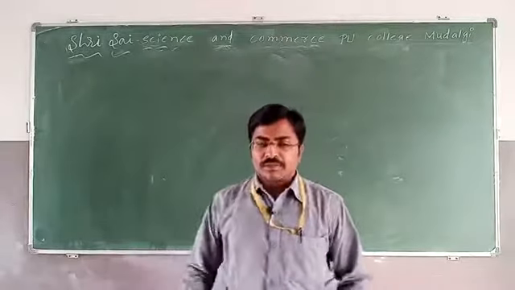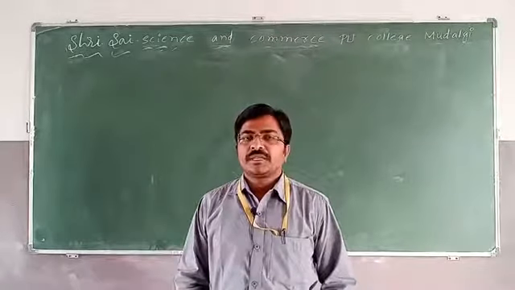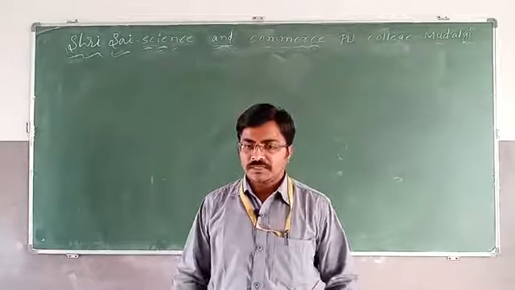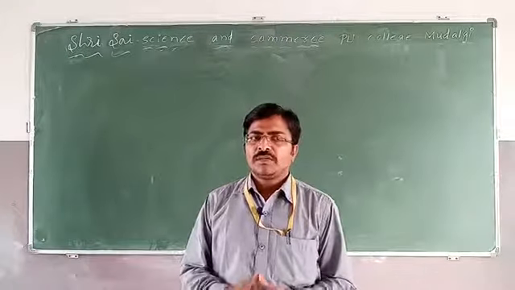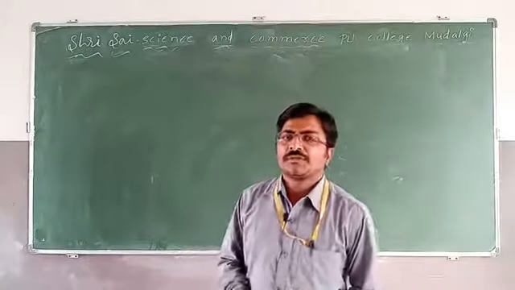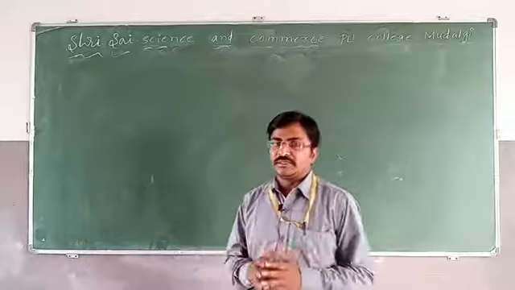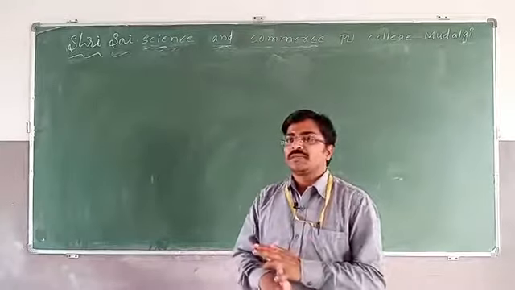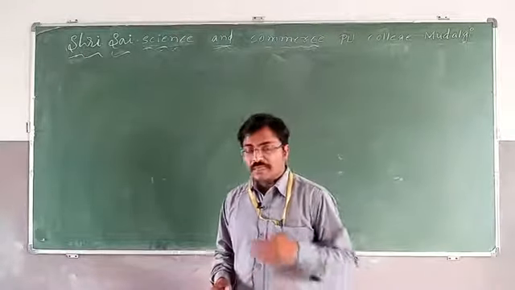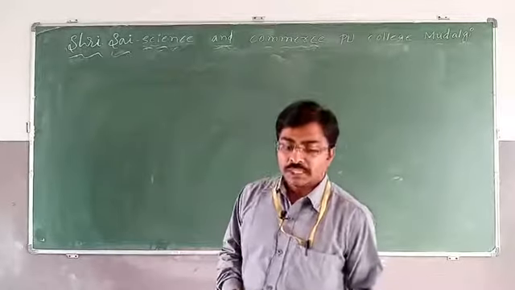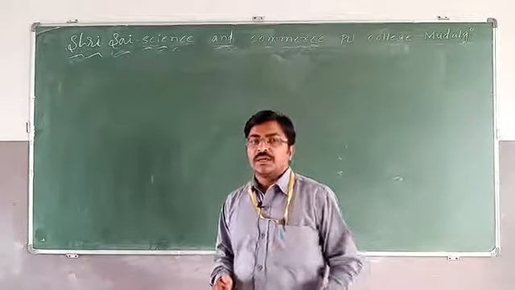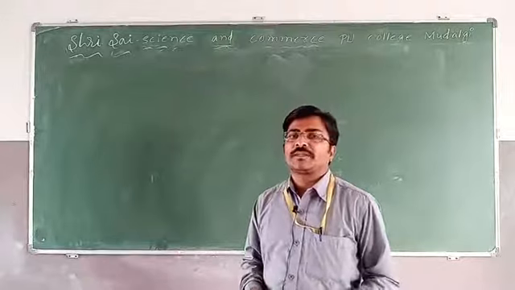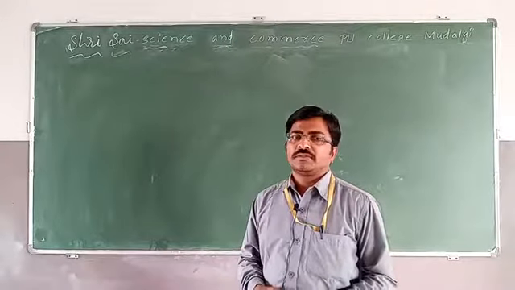In the previous class we were talking about the Moving Charges and Magnetism chapter. In that chapter we started our discussion with the magnetic field. What is the magnetic field and what is the direction of the magnetic field? The experiment which gives the evidence for the magnetic field direction is the Oersted experiment.